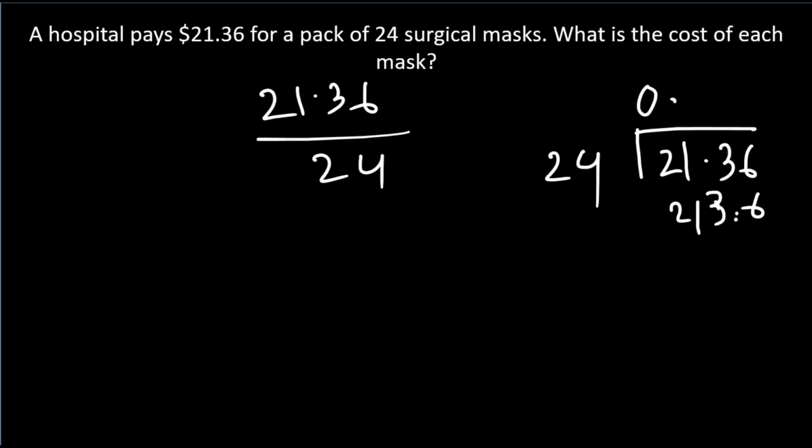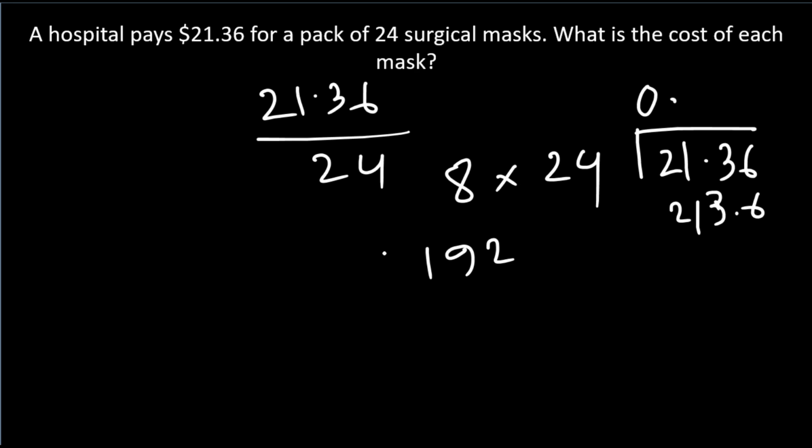So 24 goes into 213 eight times, so we multiply by 8. 8 times 4 equals 32. Here 2 is written and 3 is carried to the next digit, and 8 times 2 equals 16. 16 plus 3 equals 19.